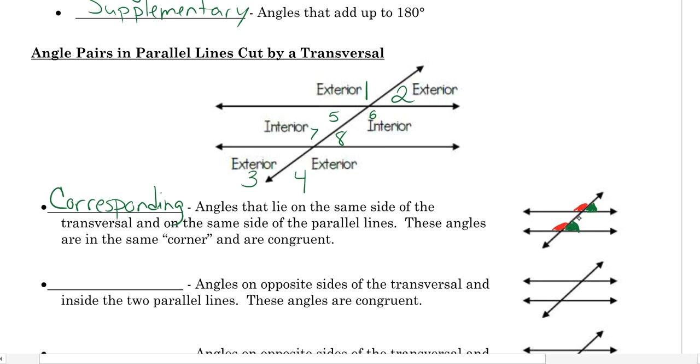If I chose this lower interior angle and I translated that down, it would map to this exterior angle below the parallel lines.